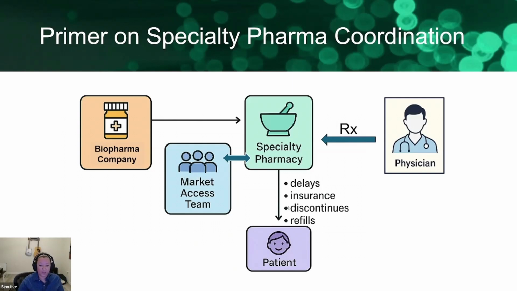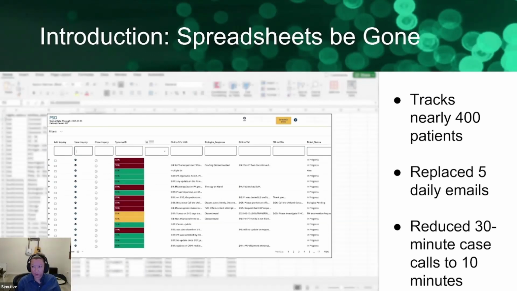Now, this was currently being done in Excel and a whole bunch of email threads. So the solution was to get them out of these disparate Excel sheets and email threads, and we built this Shiny application. I'm going to give you a quick teaser. It's currently tracking nearly 400 patients.